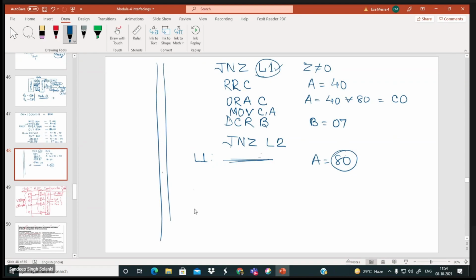Try to create a ring counter or a Johnson counter. And that counter needs to be rotated and needs to be ANDed. Then you will get your answer.